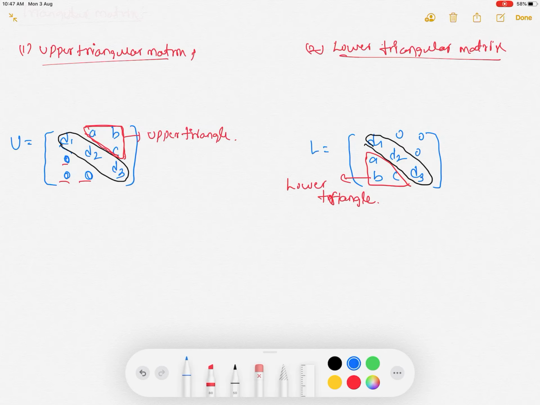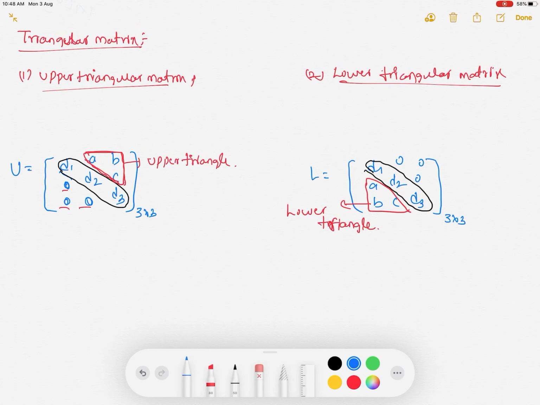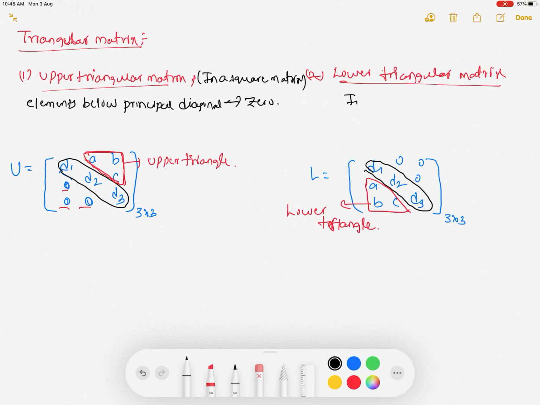To become an upper triangular or lower triangular matrix, it should first be a square matrix. In a square matrix, if all elements below the principal diagonal are 0, then that is called an upper triangular matrix.